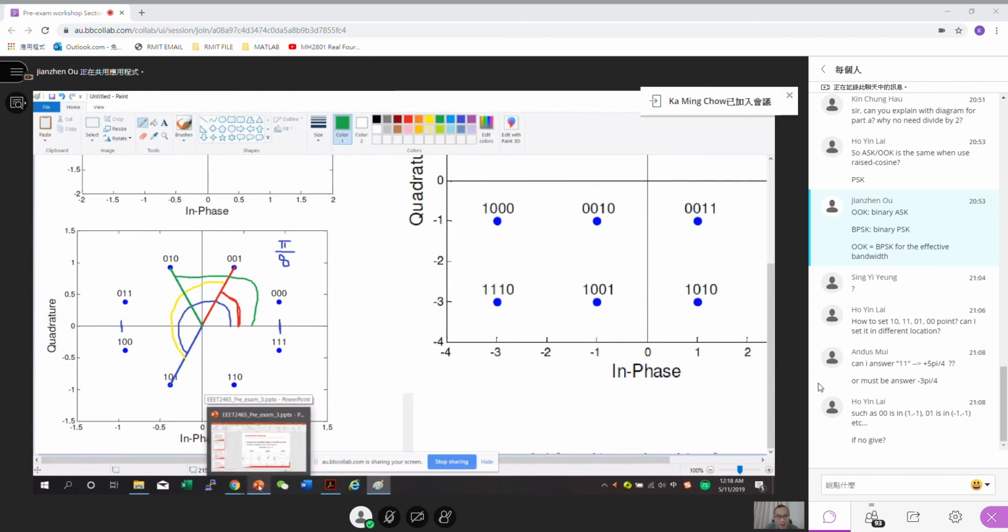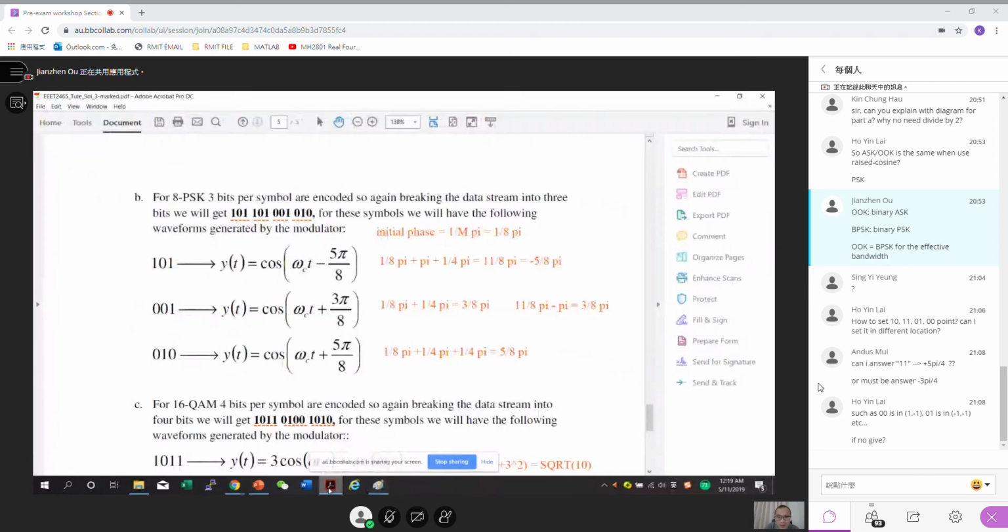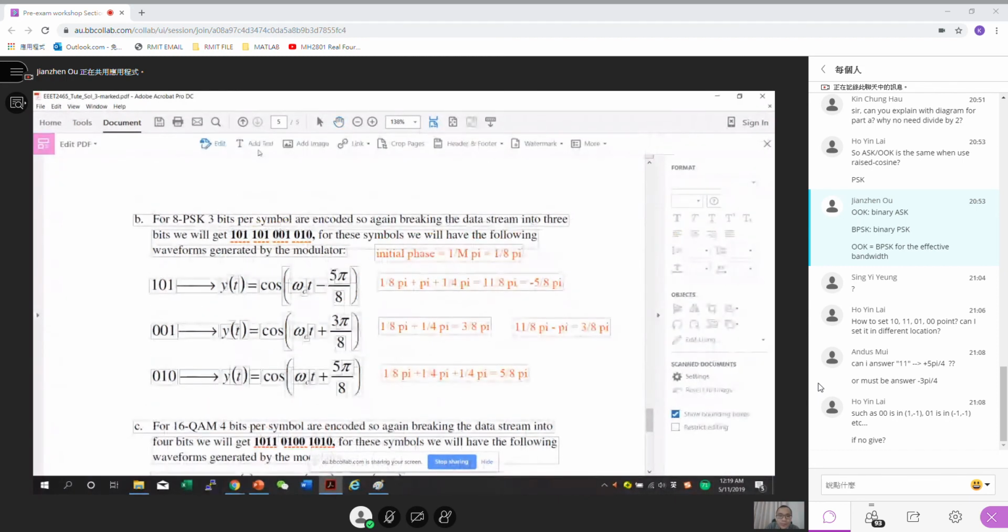So it's high school math. Which is here, it's complete here. So we know the 001 angle is 3 over 8 pi, plus 1 over 4 pi, which is 2 over 8.